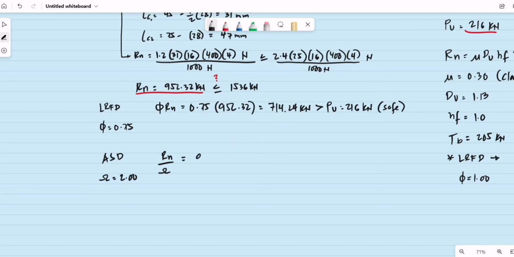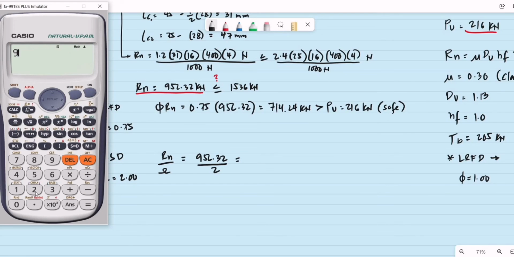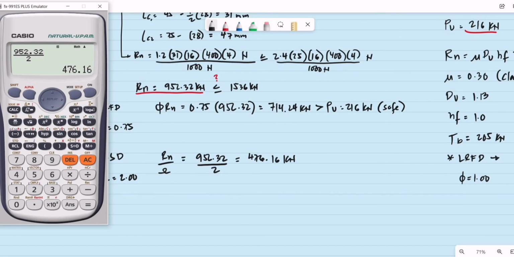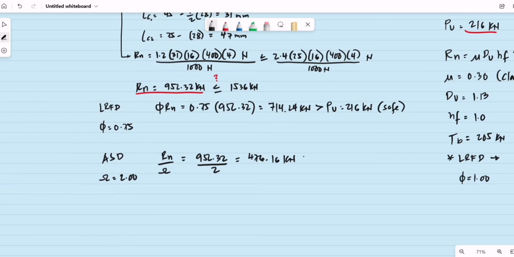So this is equal to 952.32 kilonewtons divided by 2, and this is equal to 476.16 kilonewtons.